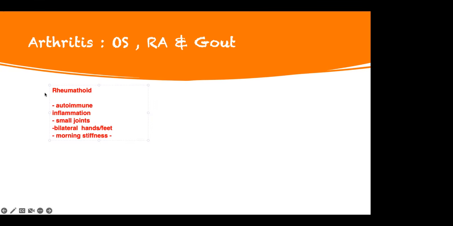So that is why rheumatoid patients have morning stiffness. That is the classic one of them. And then this one, pain at rest or after movement. So they like to move it more because then it is not getting stiff. If they don't move, they have pain and it gets stiffer.